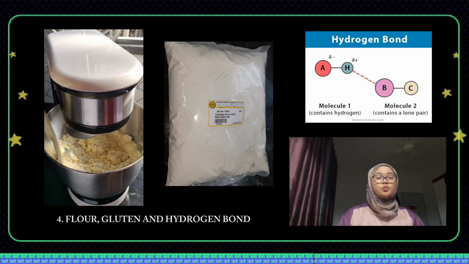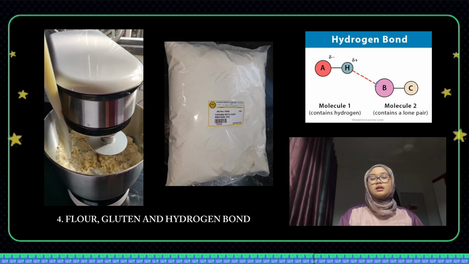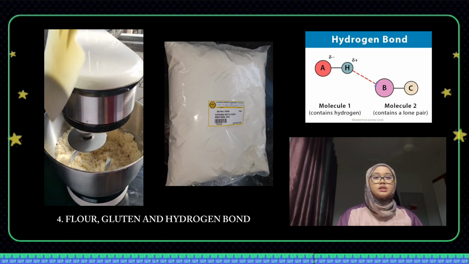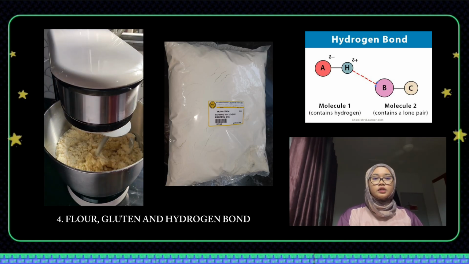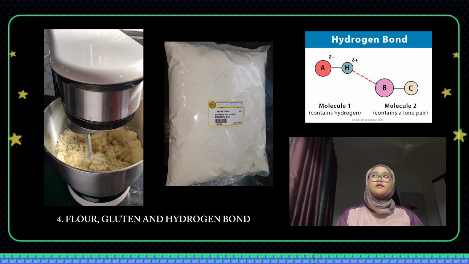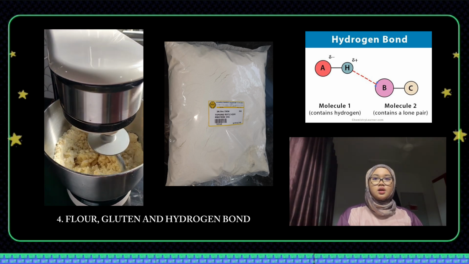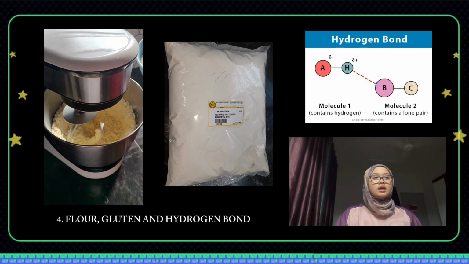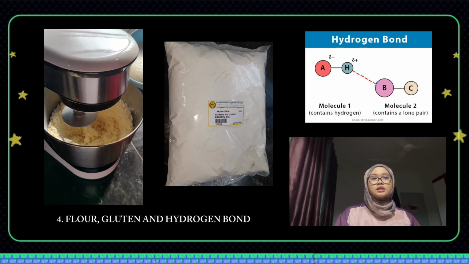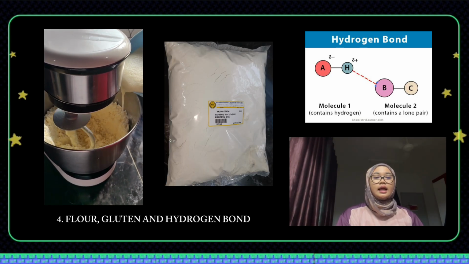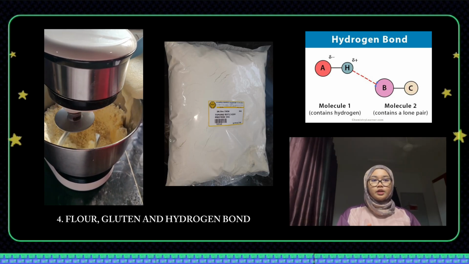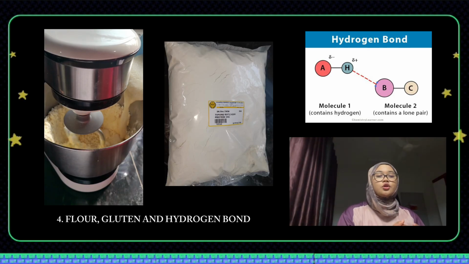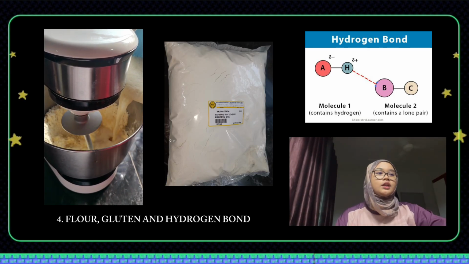As I said, it makes the dough solid, so it can hold its structure. If you shape the dough into a circle, heart or square, or anything you like, it will hold the shape until it bakes and becomes bread. So if your dough is in the shape of a circle, your bread will be a circle.